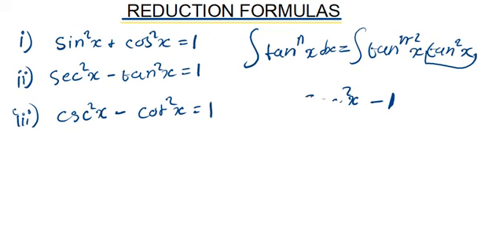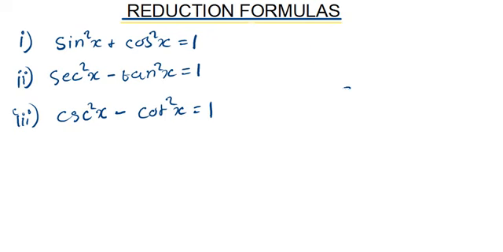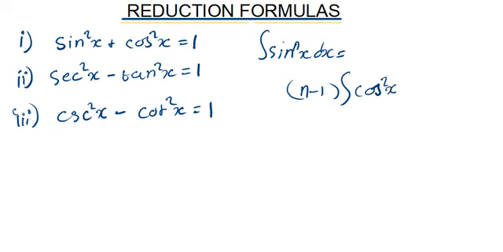Okay, so what about the others? When it comes to the first one, sine squared of x plus cosine squared of x, when you're dealing with the integral of sine to the power n of x dx, there is a stage where you reach something like n minus 1, then the integral of cos squared of x, then sine n minus 2 of x dx.